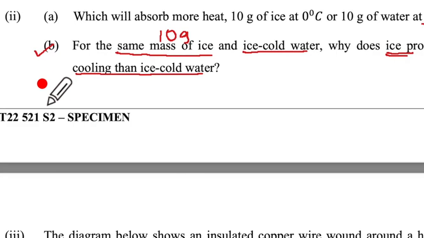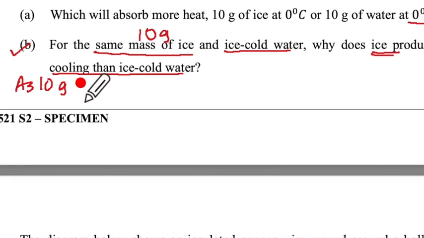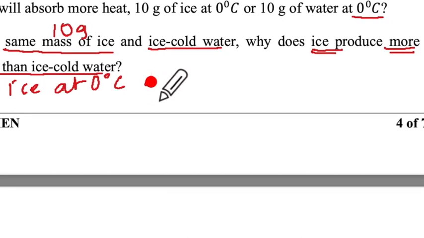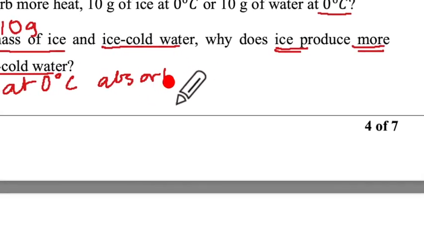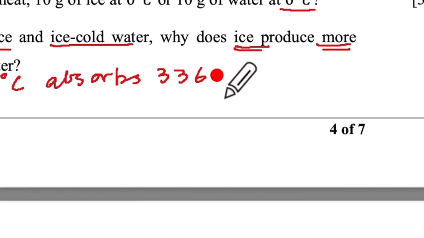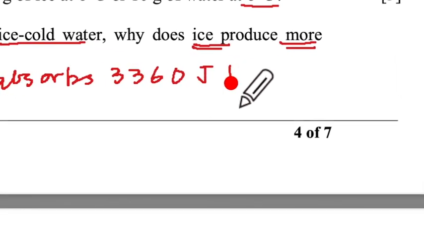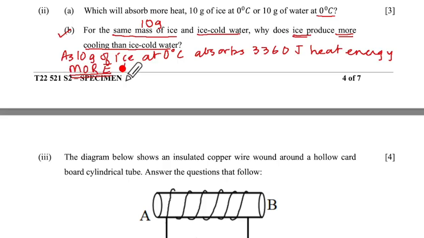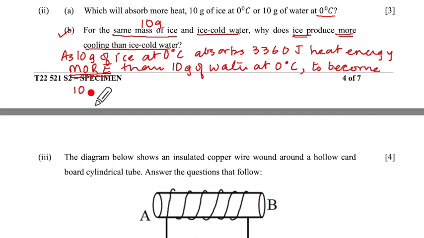So we will say as 10 grams of ice at 0 degrees C absorbs 3360 joules heat energy more than 10 grams of water at 0 degrees C, to become 10 grams of water at 0 degrees C.